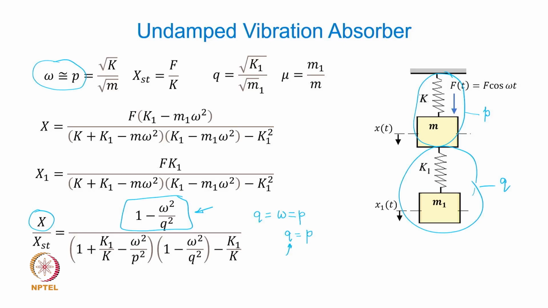This mathematically is quite obvious from this expression, which means I must somehow manage to get the stiffness and mass together in such a ratio that the natural frequency of the attached absorber equals that of the parent system when the absorber was not attached to it. That's the basic philosophy of the design of an undamped vibration absorber.